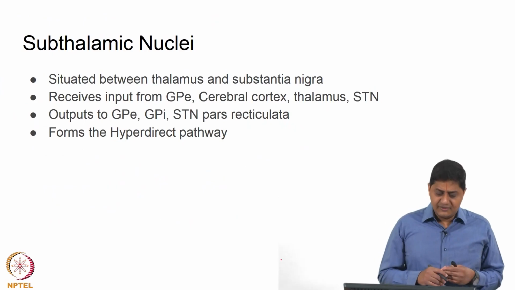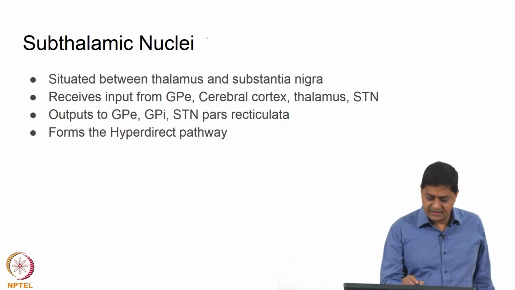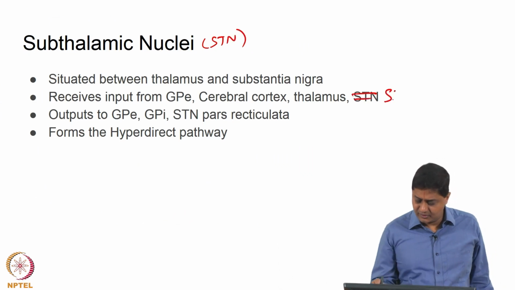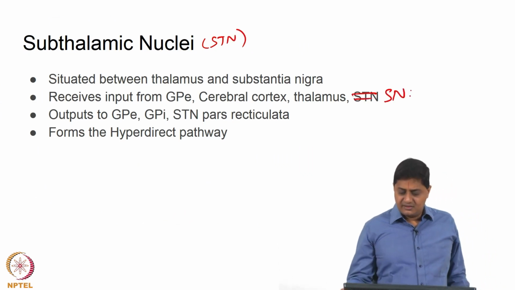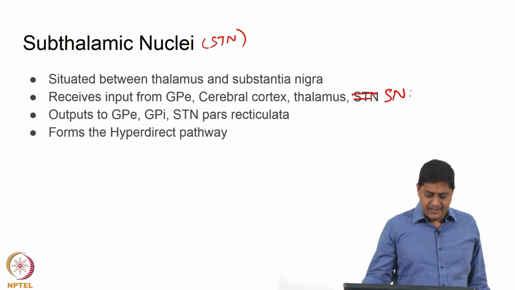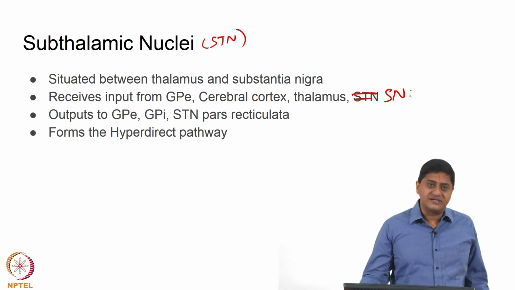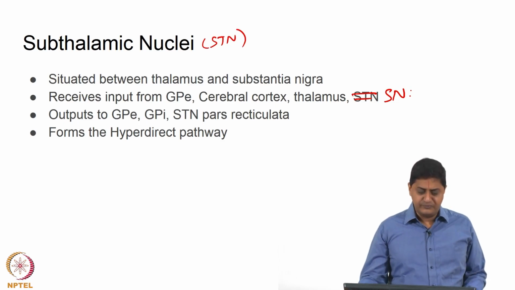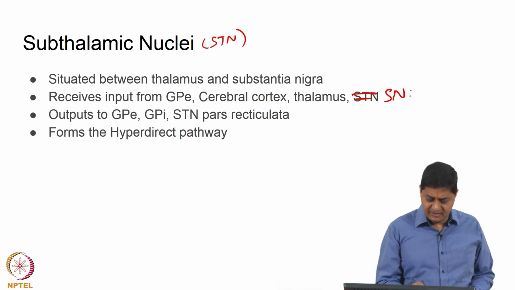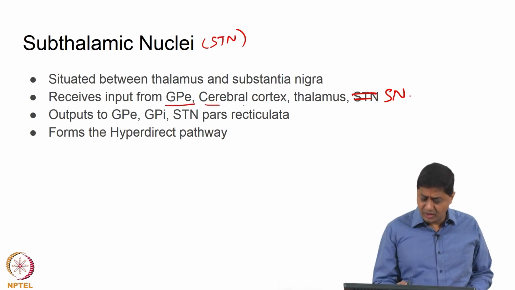And we said what is subthalamic nucleus. This I am going to call as ST, and substantia nigra as SN. Okay. Subthalamic nucleus is actually located between the thalamus and substantia nigra. It basically receives input from multiple places, from the globus pallidus external, from the cortex also.